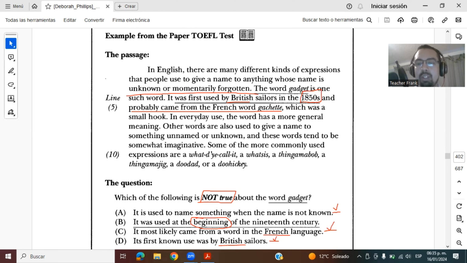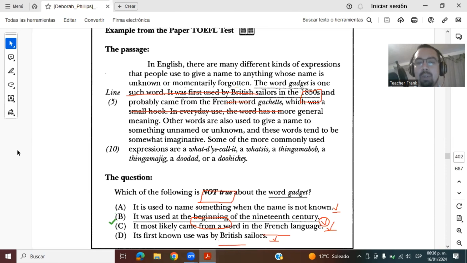So since it was used in the middle of the 19th century, it wasn't used in the beginning. So since this one is not true, this one is actually going to be my correct answer, right? And this is the way that this skill works, right? It's actually the incorrect one, or the one that is not mentioned or not true, that's going to be the correct one, right? Like in this case, letter B is the correct one.